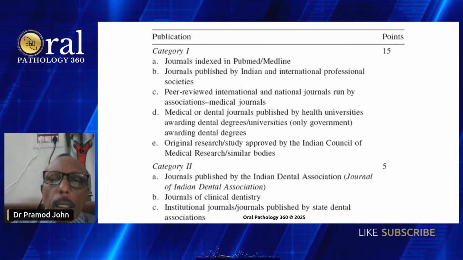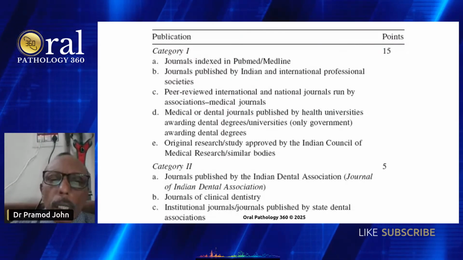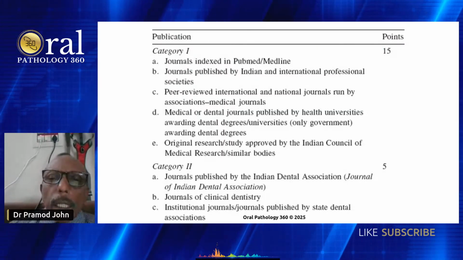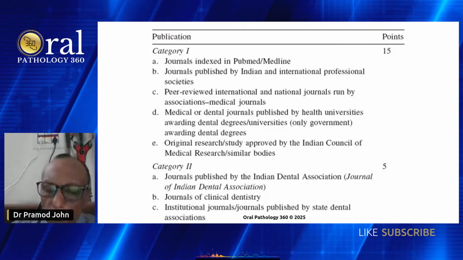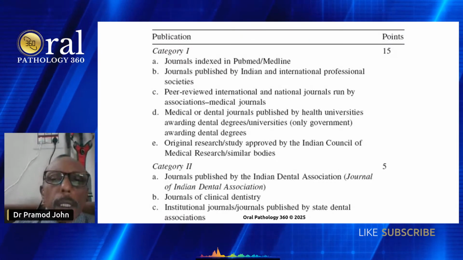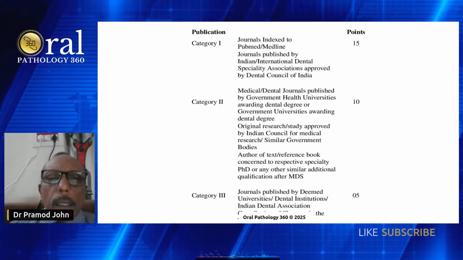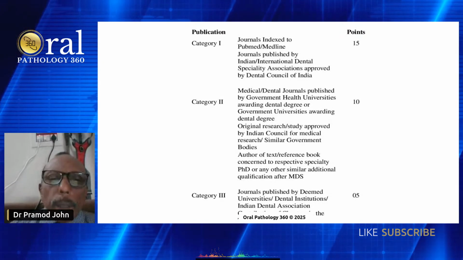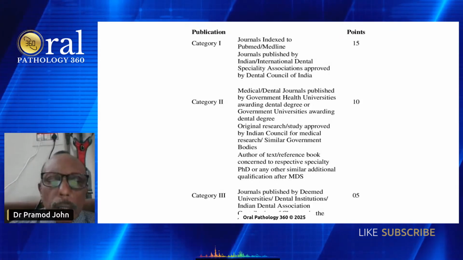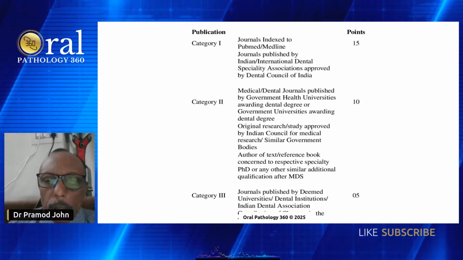Earlier there were only two categories, with 15 points and 5 points. Now these are the latest publication categories: category 1 having 15 points, category 2 10 points, category 3 5 points.